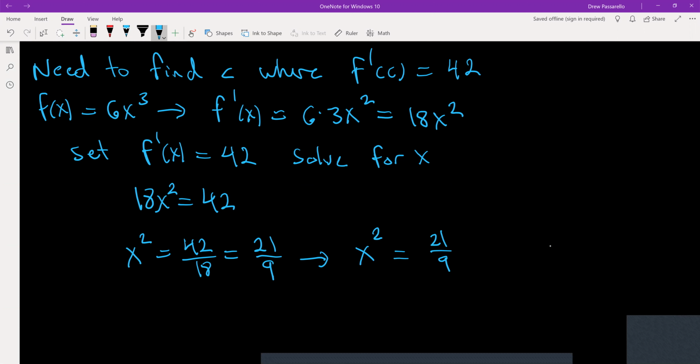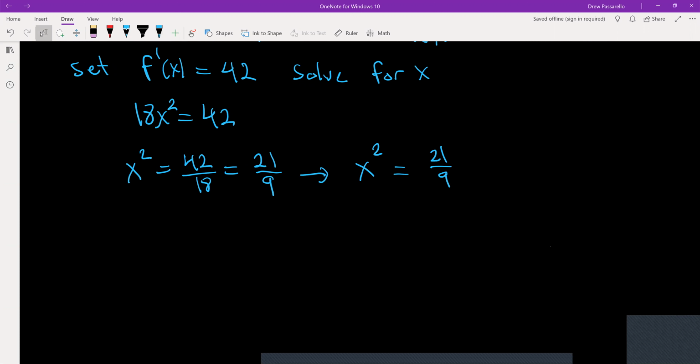To get rid of the square, I square root both sides. So that's going to give me x equal to the square root of 21 over 9, but when you take the square root of both sides to undo the square, you consider both plus and minus the square root of 21 over 9. And we know the square root of 9 is 3, so this will be plus or minus the square root of 21 divided by 3.